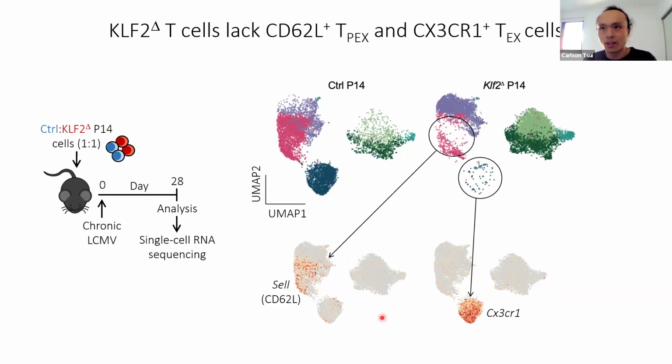So we wanted to further explore the relationship between cells being in the lymph nodes and the generation of CD62L T-PEGs and mainly the CX3CR1 TEX cells. We wanted to test how lymph node homing and egress would affect the formation of CX3CR1 TEX cells. For that, we picked two candidate genes that are known to be regulated by KLF2: CCR7, required for lymph node homing, and S1PR1, required for egress from the lymph node.